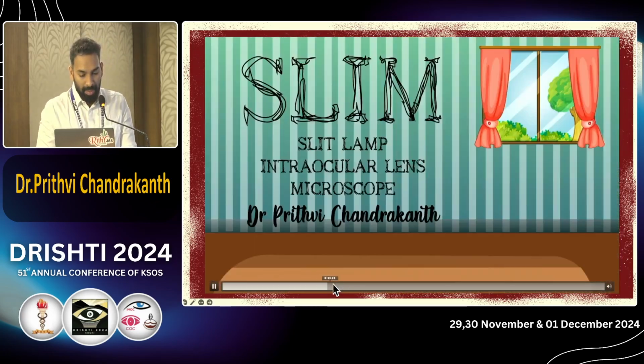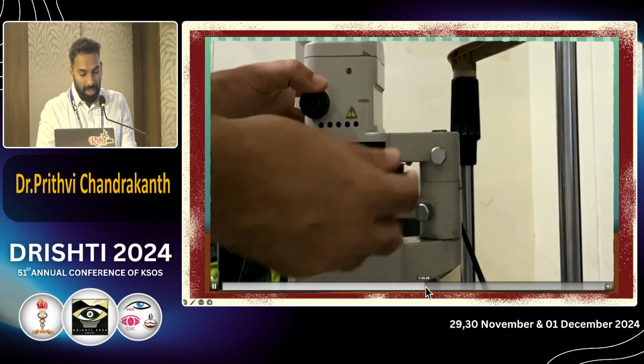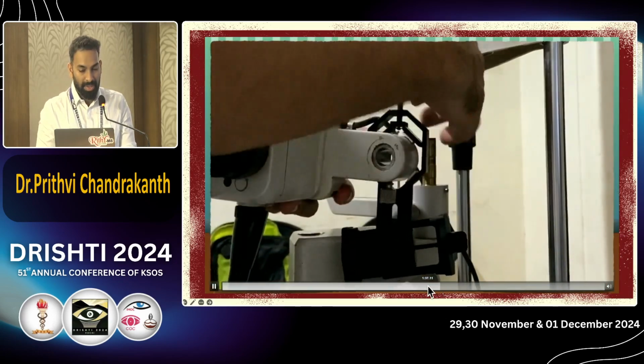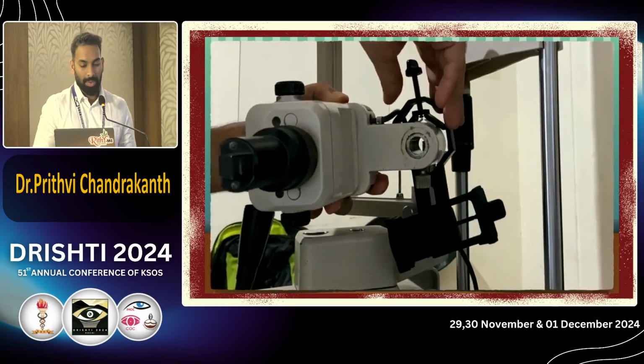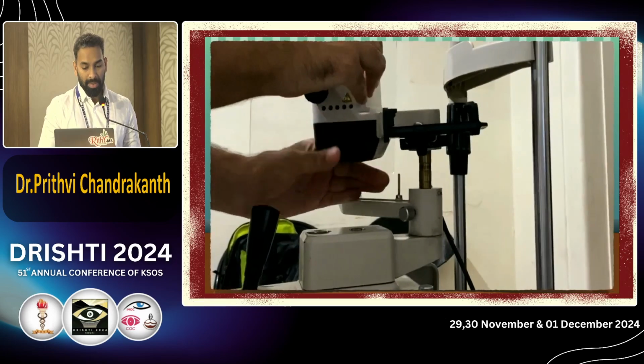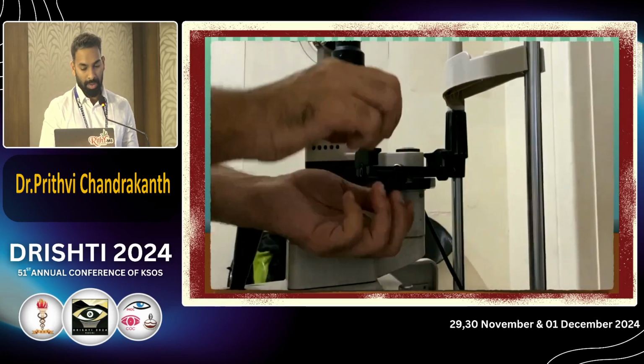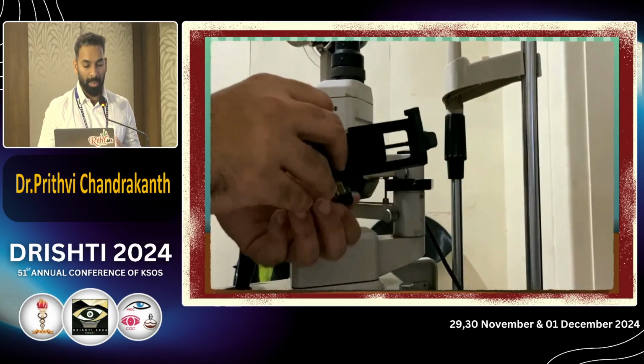In a similar way, we thought, what if we wanted to do this in the OPD setup? So we thought, let's attach this setup to the slit lamp. Remove the pivot joint of the slit lamp, and then attach this smartphone adapter that I've already talked about. Around 500 rupees you'll get it on Amazon.